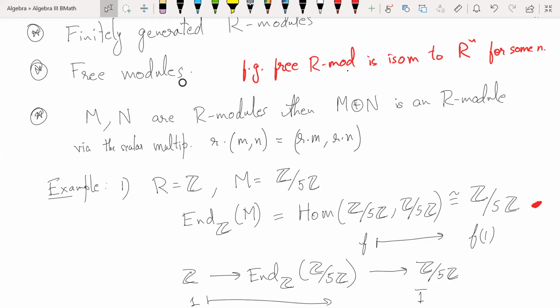We already know that there are many examples of modules which are not free. For instance, Z mod 5Z over Z is not a free module. But it's not just because there is some torsion, because 5 kills this module, but there are some other reasons as well.